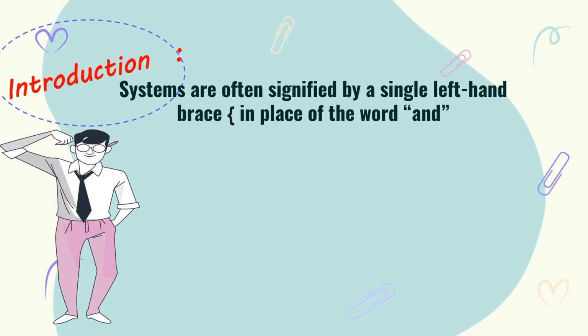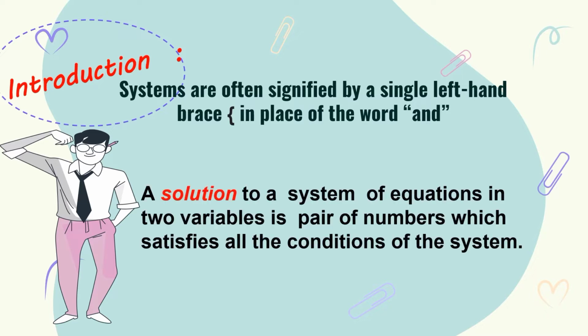Systems are often signified by a single left-hand brace in place of the word and. A solution to a system of equations in two variables is a pair of numbers which satisfy all the conditions of the system.